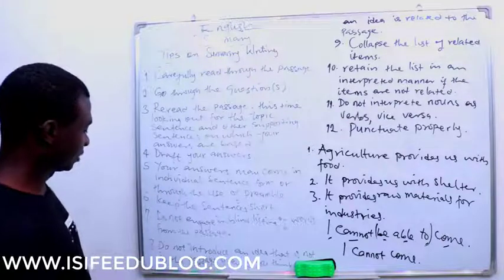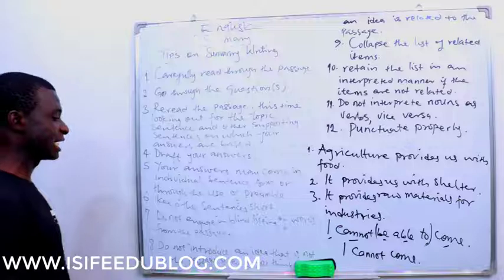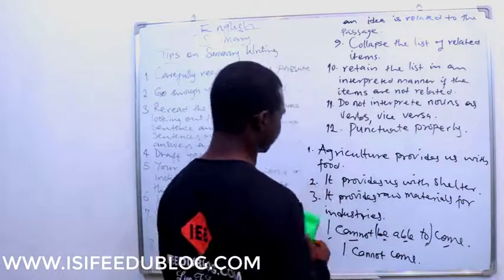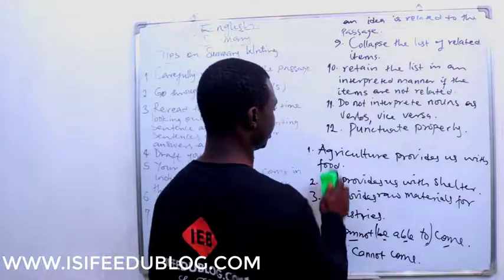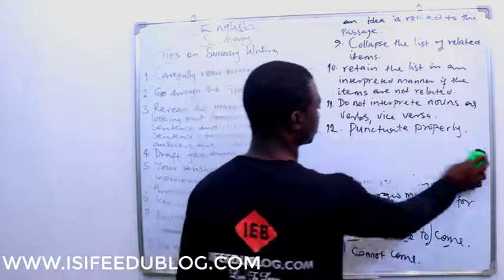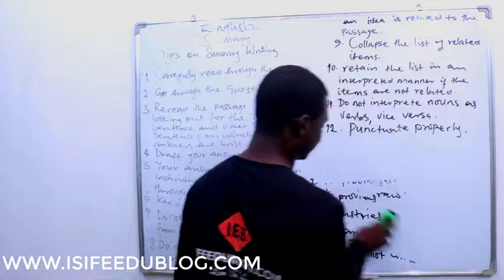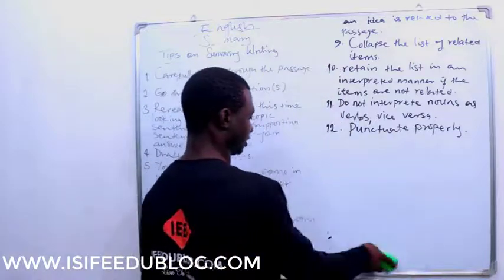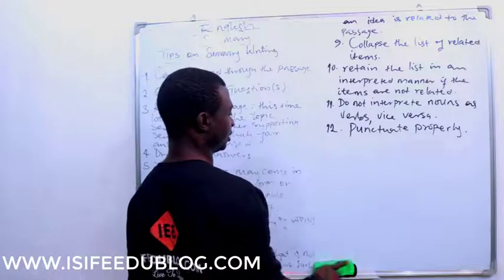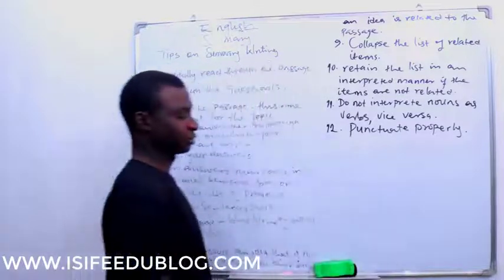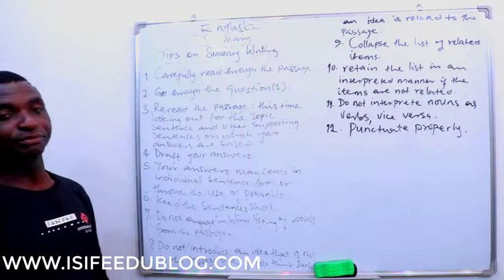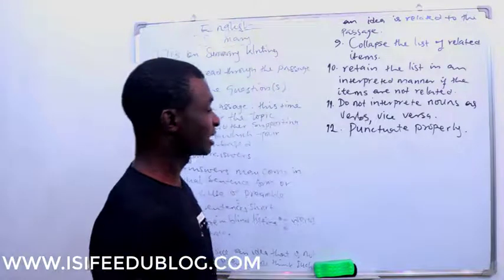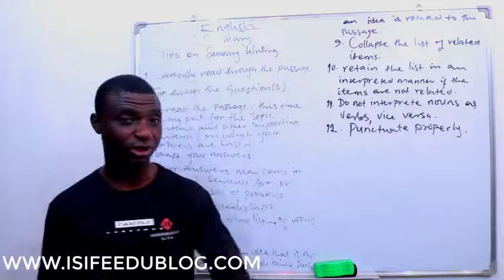Number 7. Do not engage in blind lifting of words from the passage. This is important. If you lift hook, line and sinker in summary, you score not. Alright? Lifting a sentence from the passage amounts to scoring not.